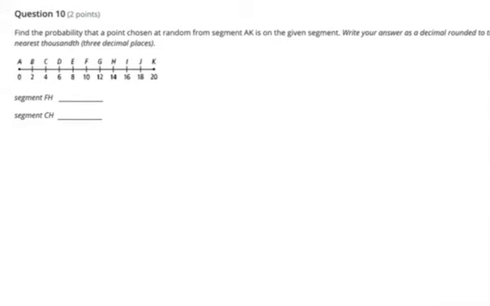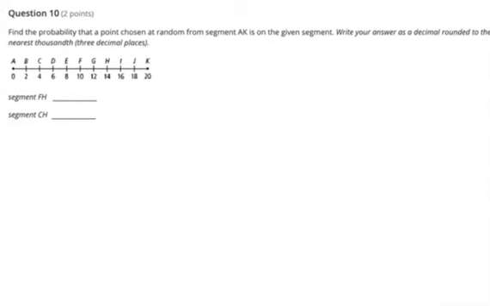All right, number 10. The picture is not that big, but what's going on here is we're looking at these segments and finding the probability that those segments are landed on if we pick a random spot. So, for example, segment FH, that's this segment. It has a length of 14 minus 10, which is 4.